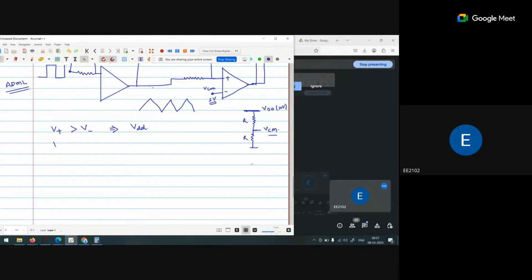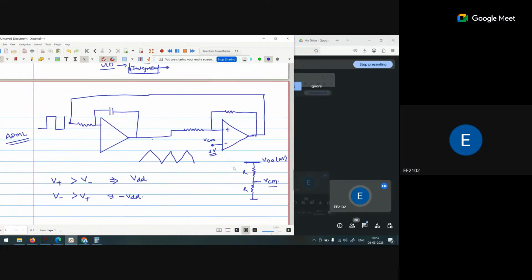And if the V negative terminal is greater than the V positive terminal, we get minus VDD output. So we only get two particular voltages: one is plus VDD and one is minus VDD.